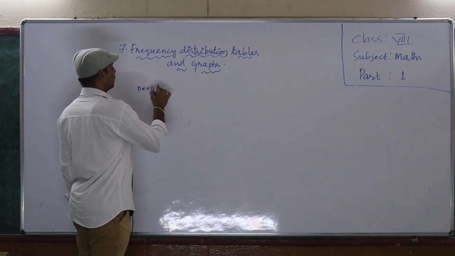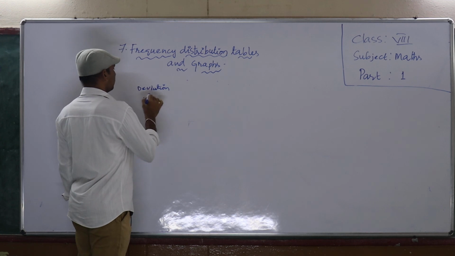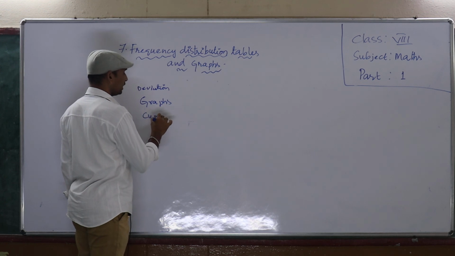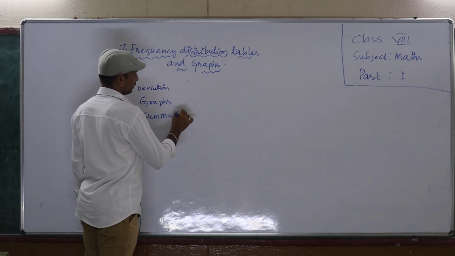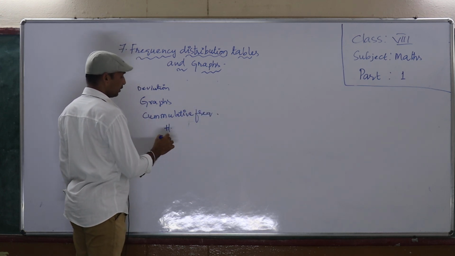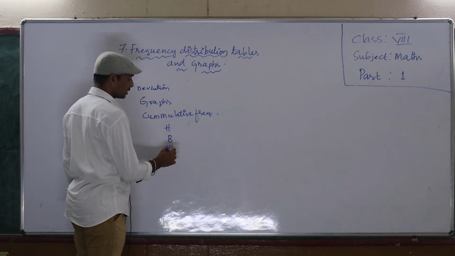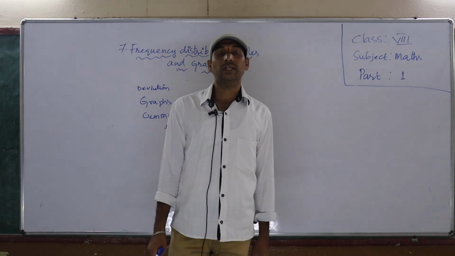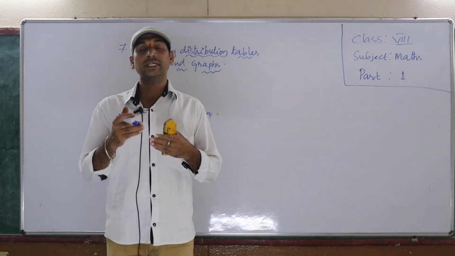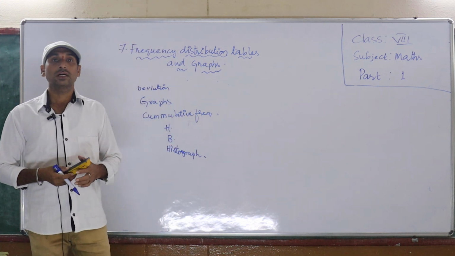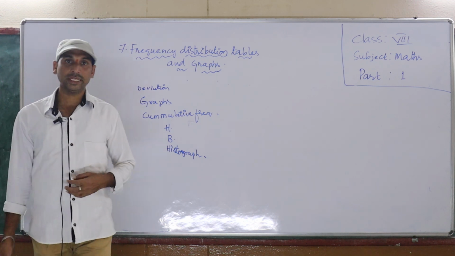Next graphs, then cumulative frequency, horizontal graph, bar graph, histograms, everything we will learn in this chapter. Next, mean, median and mode one by one, using problems, in the next class.